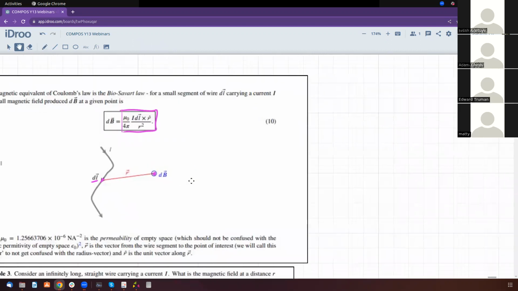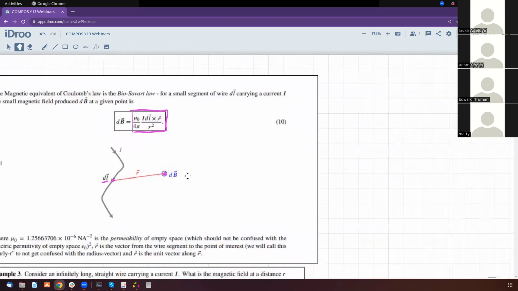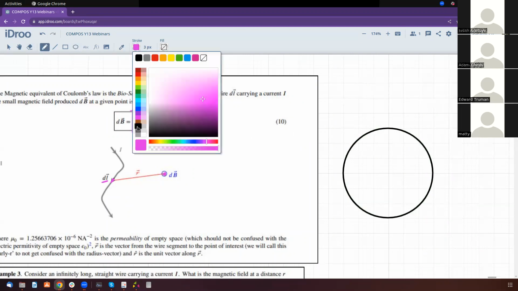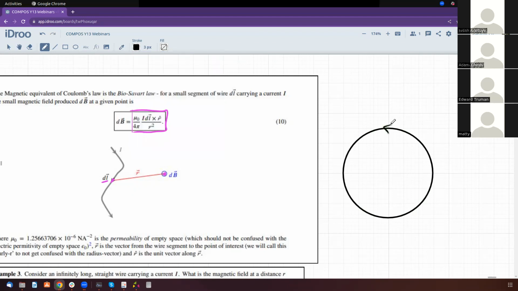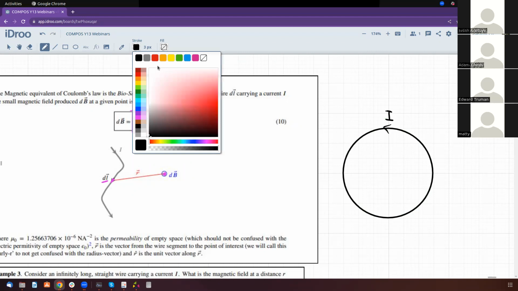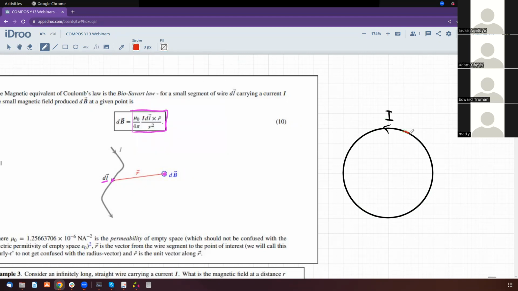So let's see if that makes sense for a single loop of wire. Let's say we have a loop of wire, just like in a solenoid, and there's a current flowing in the wire. And let's look at a small section of that wire, dL.